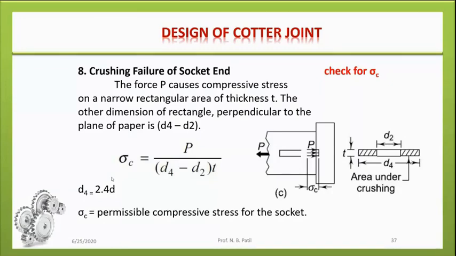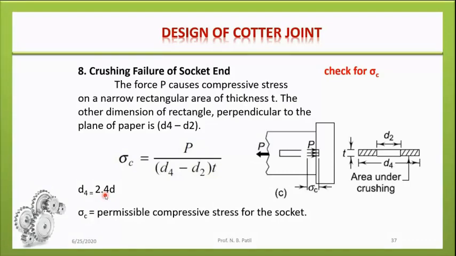D4 is equal to 2.4 into D. Now, when we represent a dimension in terms of one particular dimension of the element, let us say D is the one dimension and we represent D4 in terms of D, such a representation is called an empirical relation in design. Understand? An empirical relation in design is one of the standards.